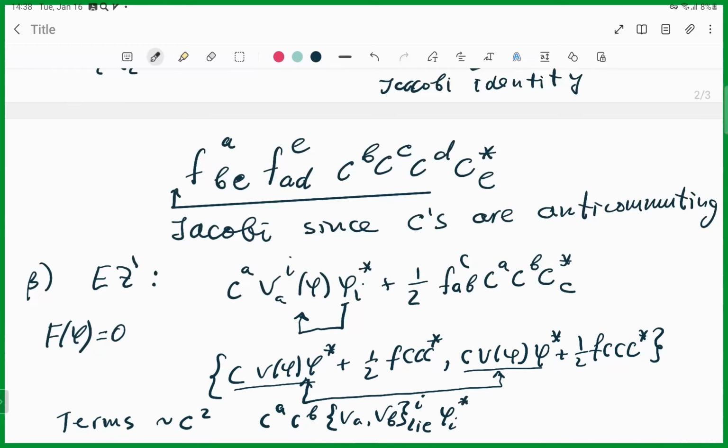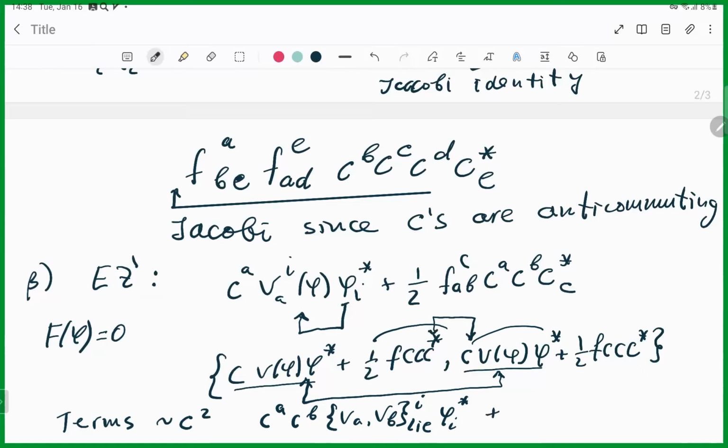But there is also another way to get terms that are proportional to C squared. They are coming from pairing between this term and this term. We take C star out of this and pair it with C out of this.